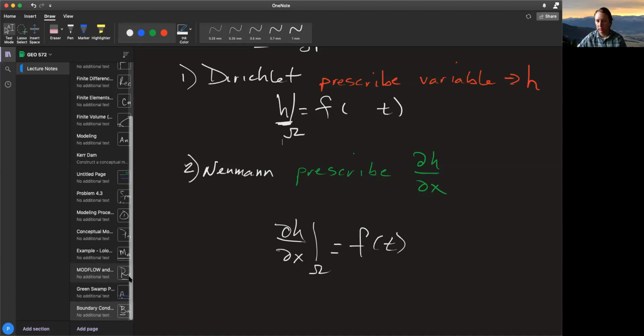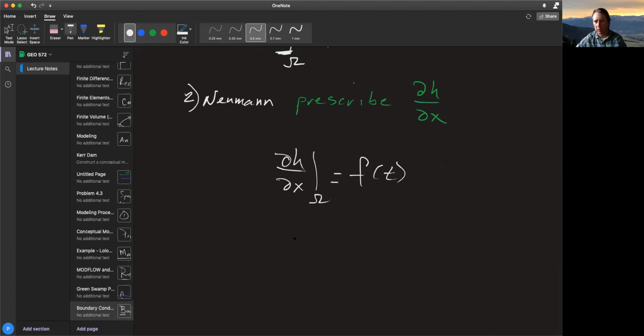For groundwater, we've got another little trick here. If we remember that Q is equal to K times dH/dx, then prescribing the head gradient is equivalent to prescribing the flux, right? It's just related by K. These two are the same thing.